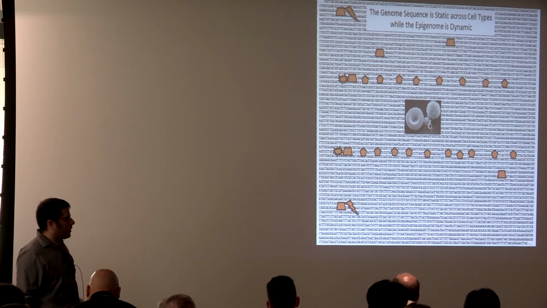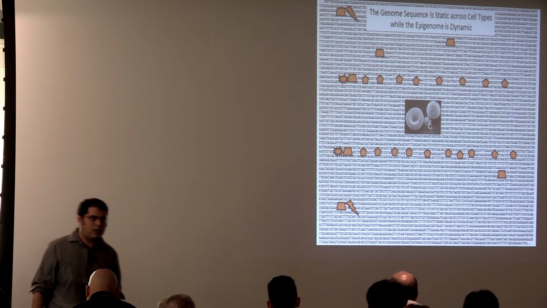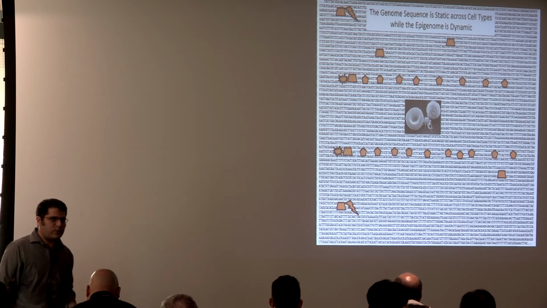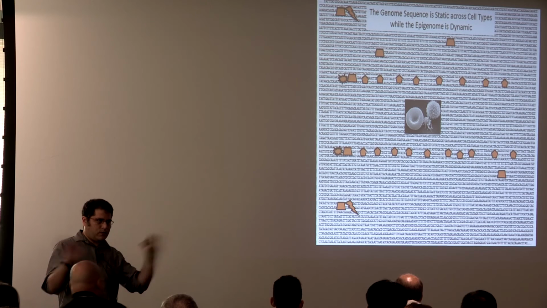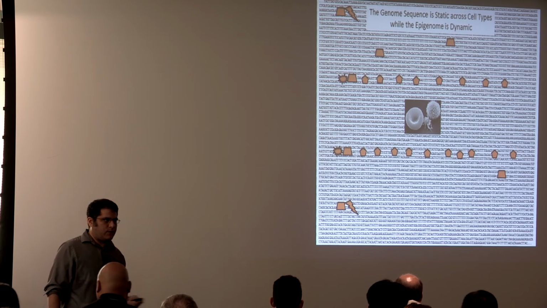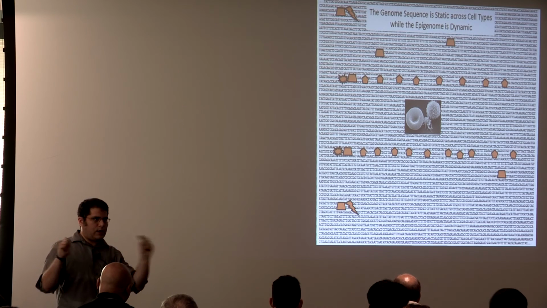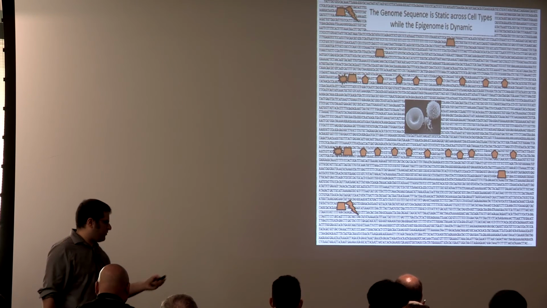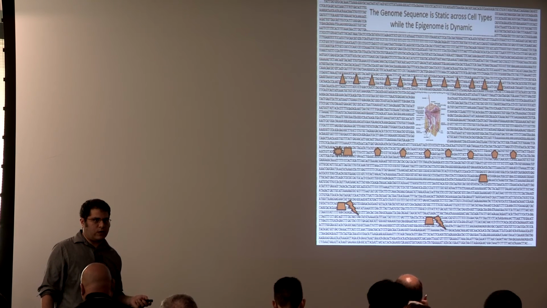So all I was talking about was data from one specific cell type. It turns out a lot of the power of this epigenomic data is that, unlike the DNA sequence, which is basically static across various cell types of your body, the epigenome can be highly dynamic, in the sense that the same location in different cell types could have different epigenetic marks associated with it.